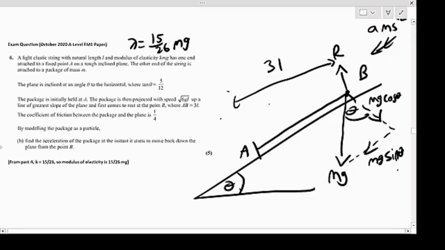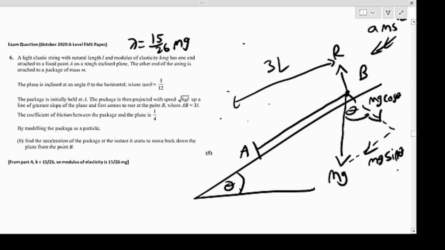Then what about the force in the string? Well, the total length of the string here from A to B is 3L. Now the natural length is L, which means it has to be extended, because it goes from L to 3L. So that means it's been stretched. Okay.